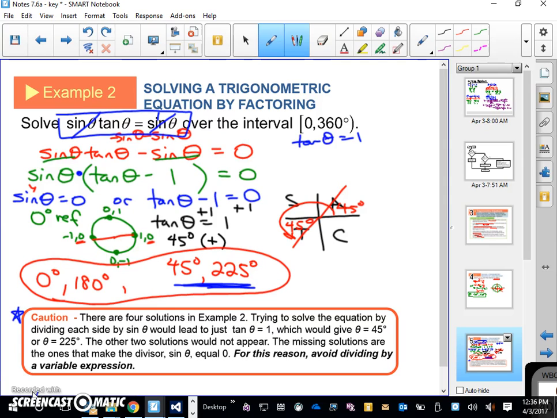Those 2 answers are right, but this caution is telling you don't do that. If you try to cancel out one of the variables, the problem is you're going to cancel out some of your answers. So we don't want to cancel out variables because we don't want to cancel out answers.